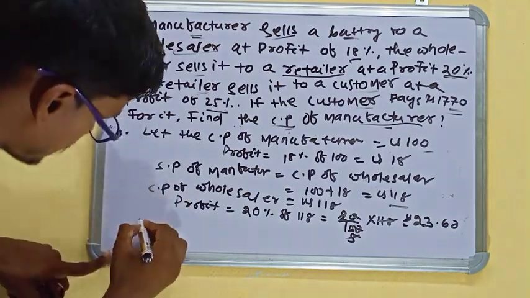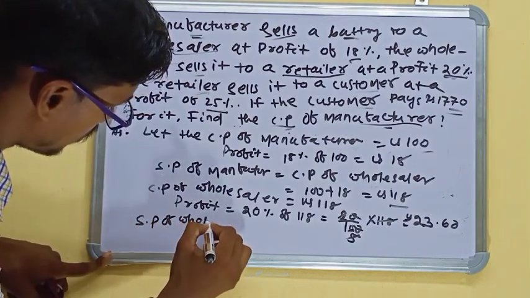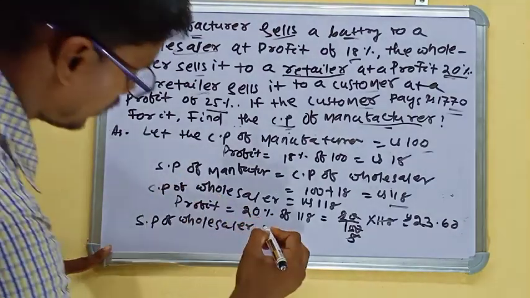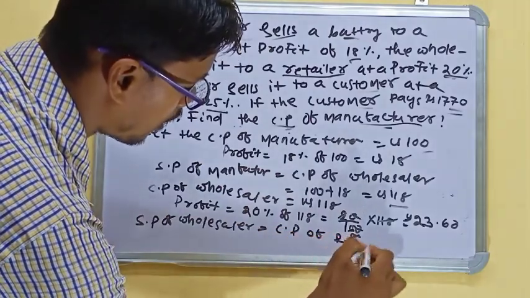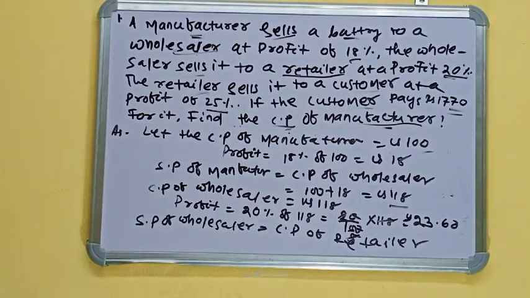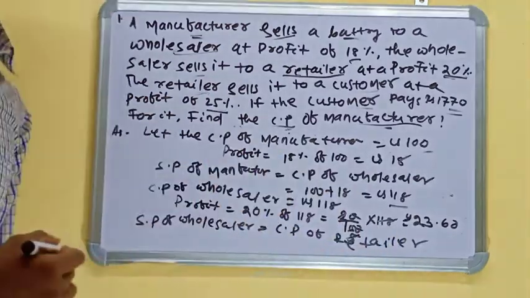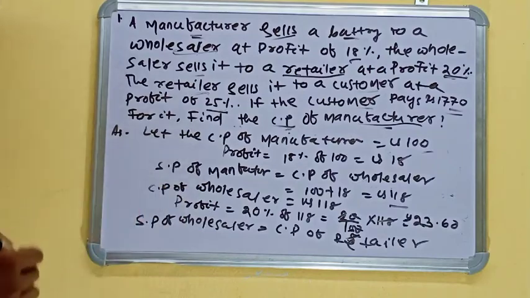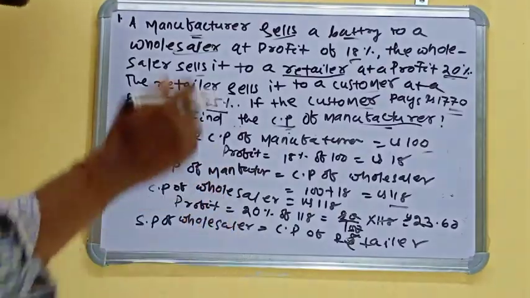Then the SP of the wholesaler is equal to the CP of the retailer, because the wholesaler sold the battery to the retailer at that price, and the retailer bought it at that price.